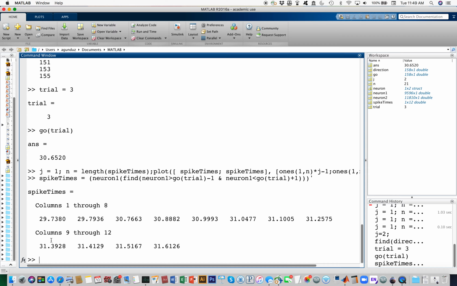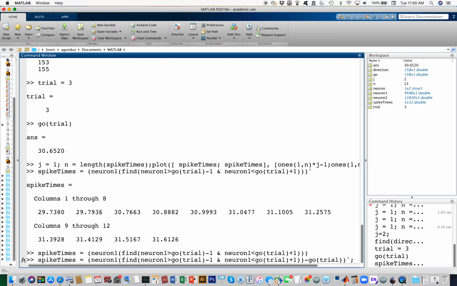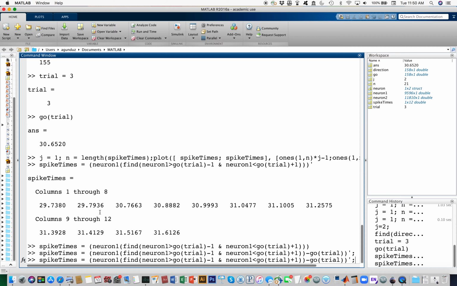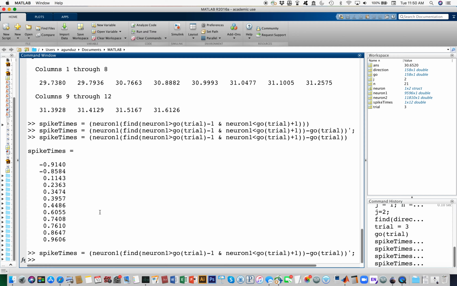And in fact I am, so I did things right. And again, this is a way to control things. When things don't work the way you expect them to work, just try looking at it from a different angle. Think of what you know and how you can prove whether you're doing something right or wrong. In this case, by subtracting the go cue, I am making it between minus 1 and 1 again. So let's leave it that way.